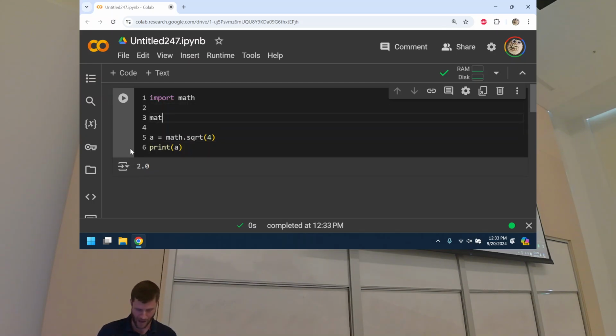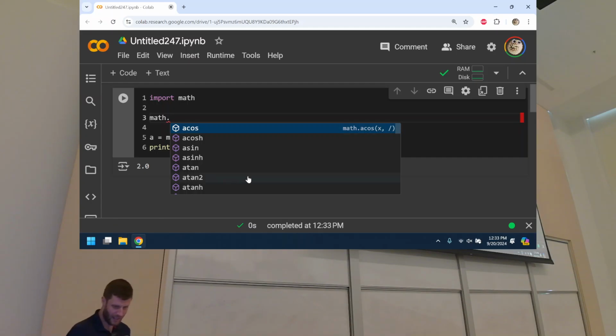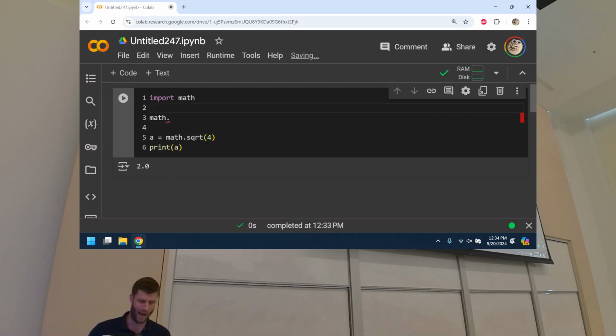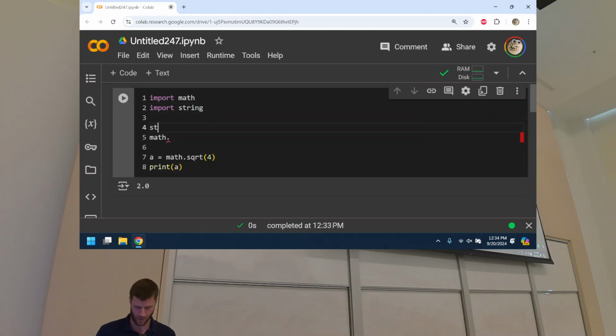And in fact, you may have noticed something real quick. If I say math dot, you'll see this giant drop-down list. This is actually all the functions that are available in the math library that I could now use if I wanted to, which is kind of neat. This is a Colab thing. We could even say import string.